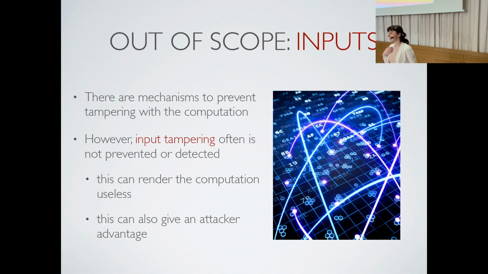In this example, not only is everybody denied the true output, but what's worse is that I can actually undo my tampering with the inputs and learn the actual result that everybody else doesn't get. In some way, it's like denial of service for everybody who's participating in the computation, except that they don't know. It's more like a deception. I get the result and everybody else doesn't.